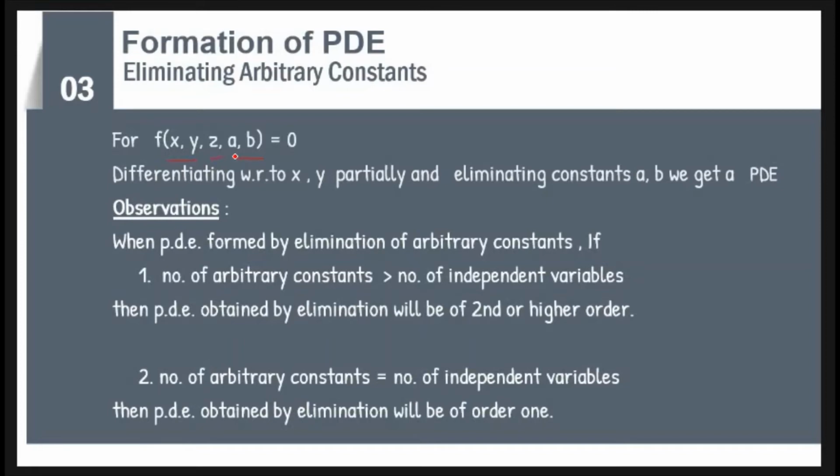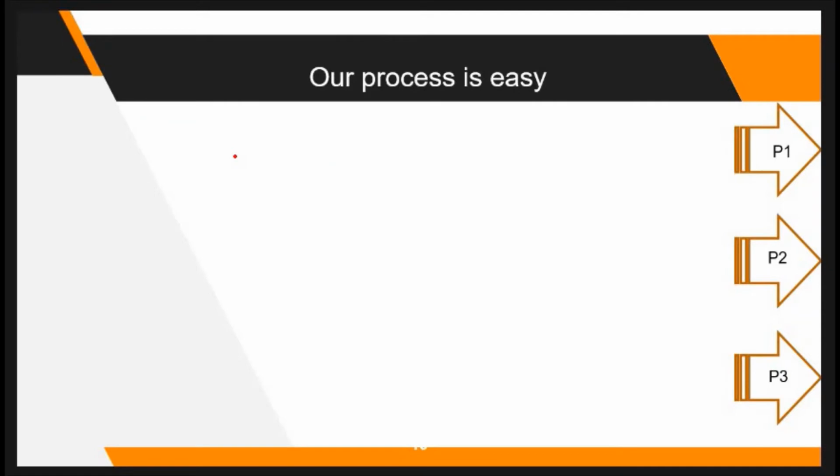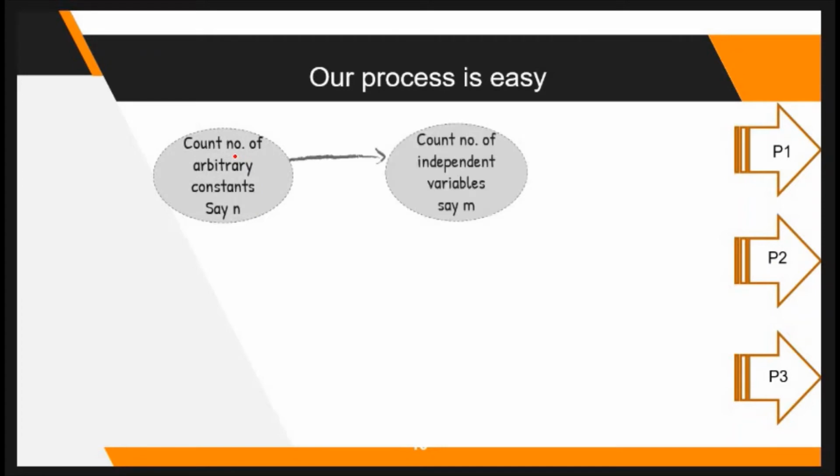Now if you find this difficult to follow, I have explained this with the help of a flow chart. First you have to look at the number of arbitrary constants, call that n, and then count the number of independent variables, call that m. Now find the relation between them.